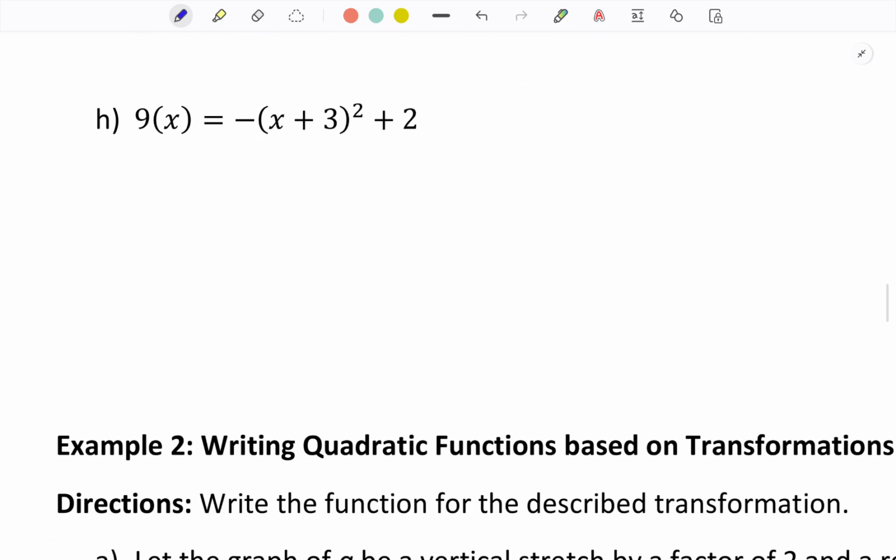All right, and then for H, we have that negative on the outside. So that is going to be a reflection over the x-axis.